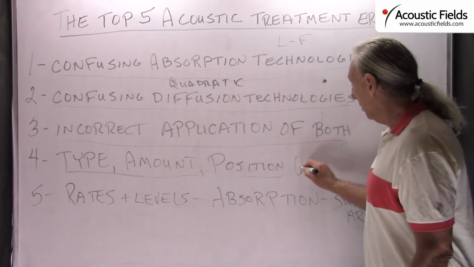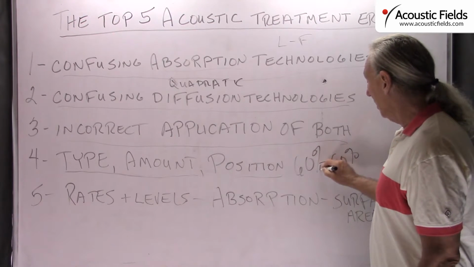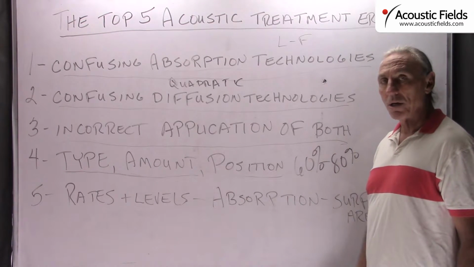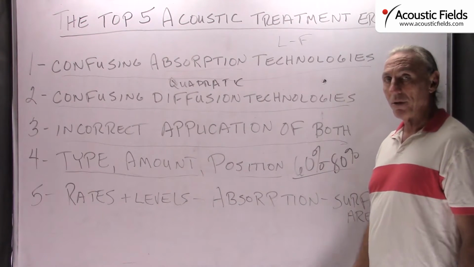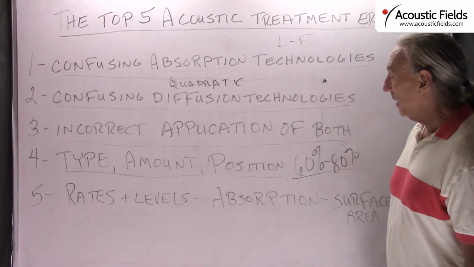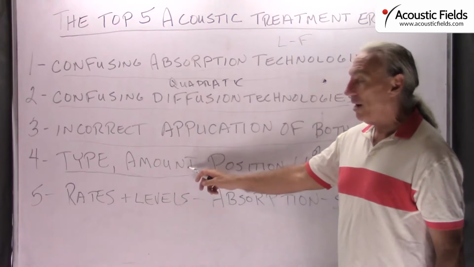Most surfaces require 60 to 80% coverage based on our experience. You can see on our website all the projects that we do that we pretty much follow that rule and then some, okay?